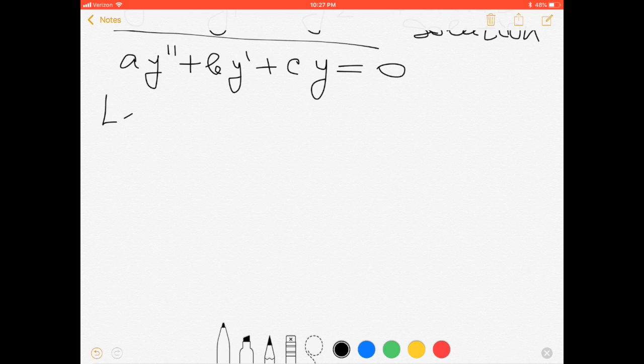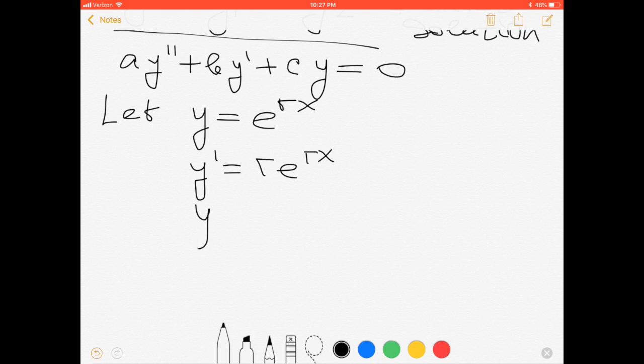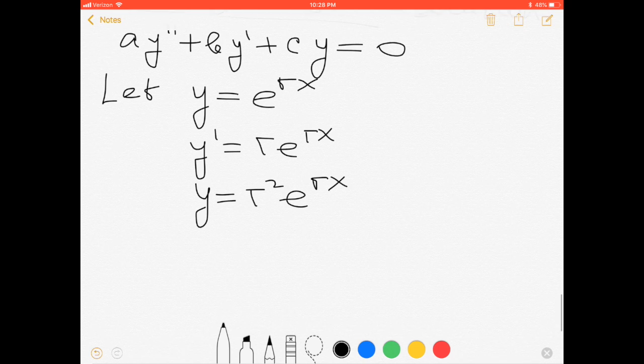And I try to find my solution like e to the power rx. This means the first derivative will be r e to the power rx, and the second derivative will be r squared e to the power rx.